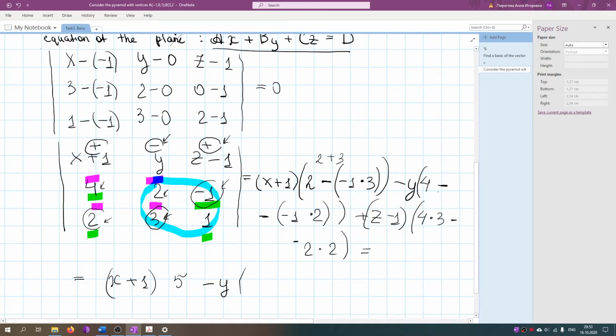Here we will get 4 minus 2, 4 plus 2, yeah, because we just have here plus 2, and it will be equal to 6, so I'll write it before y, and finally we have z minus 1 multiplied by 12 minus 4, it will be 8.